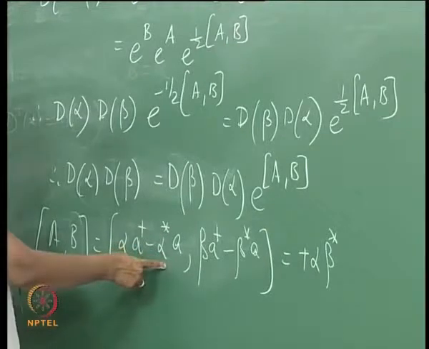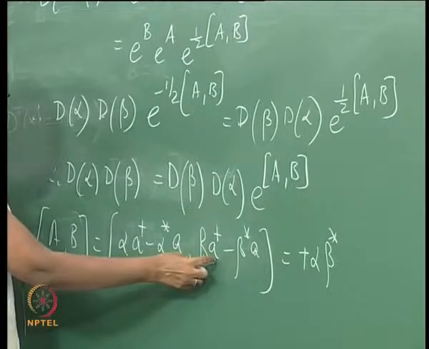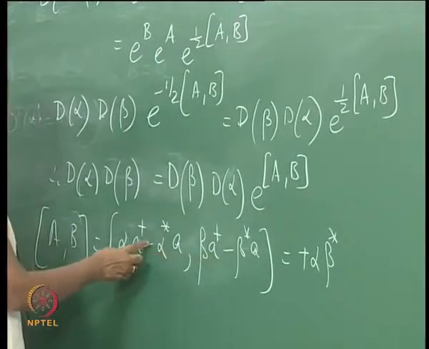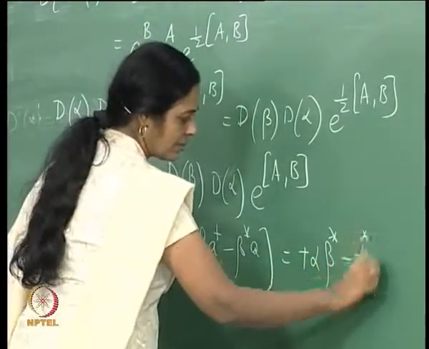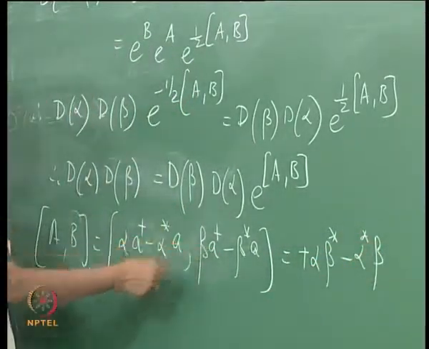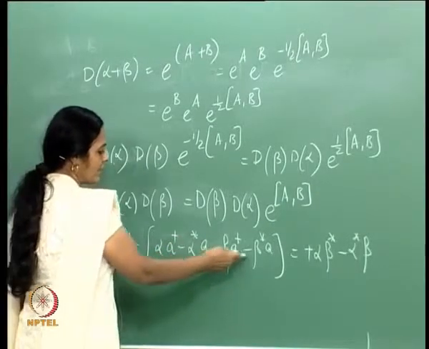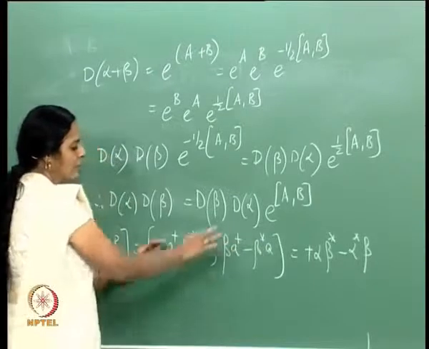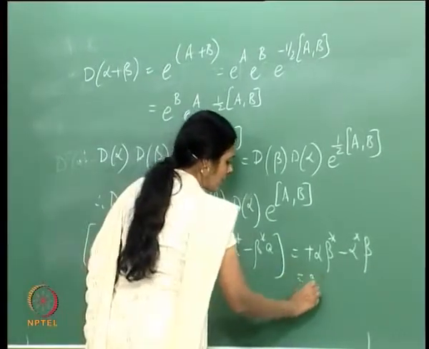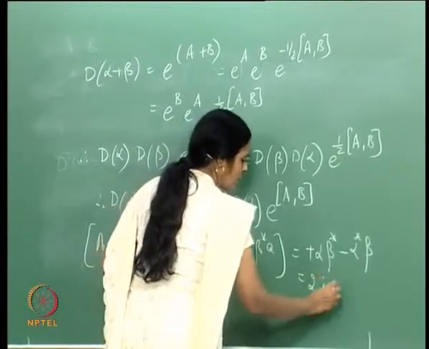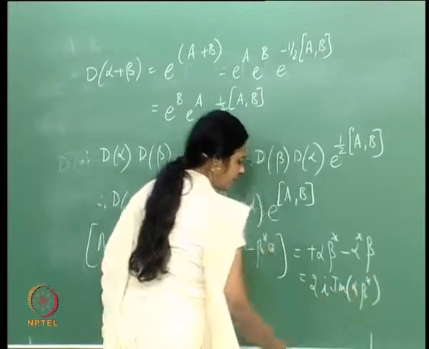Now, look at the second term, minus alpha star a commutator with beta a dagger gives me minus alpha star beta. The commutator of a with a dagger is 1. However, minus alpha star a commutes with minus beta star a, and therefore, this is the only contribution. But this object is simply 2i times the imaginary part of alpha beta star.